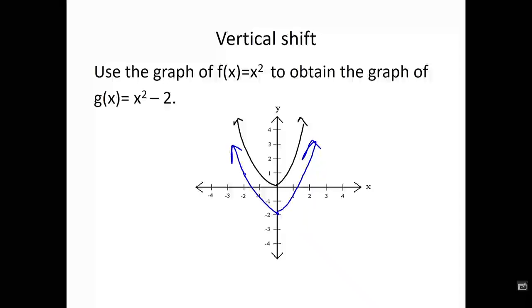All right, so this would be the graph of g of x, which is x squared minus 2. So that was a vertical shift 2 units downward.